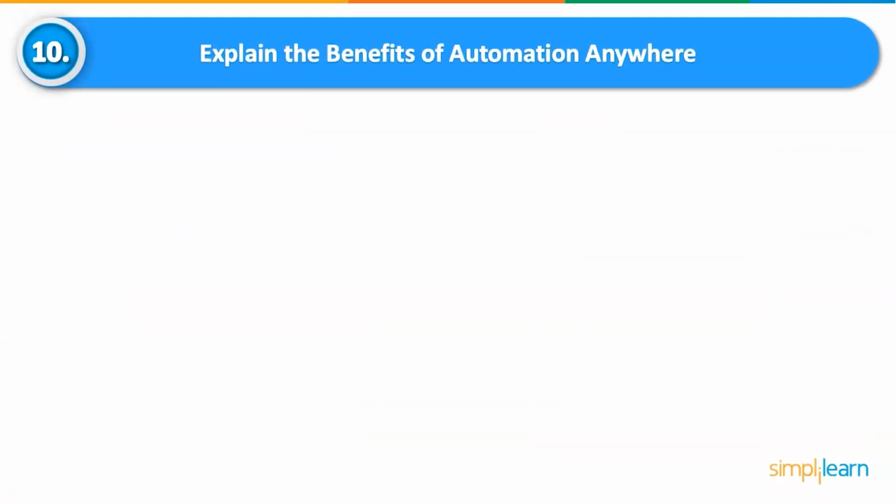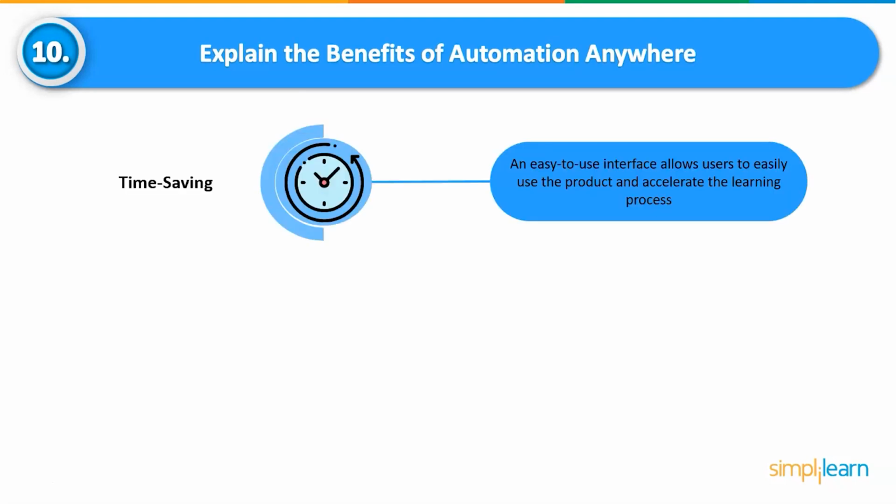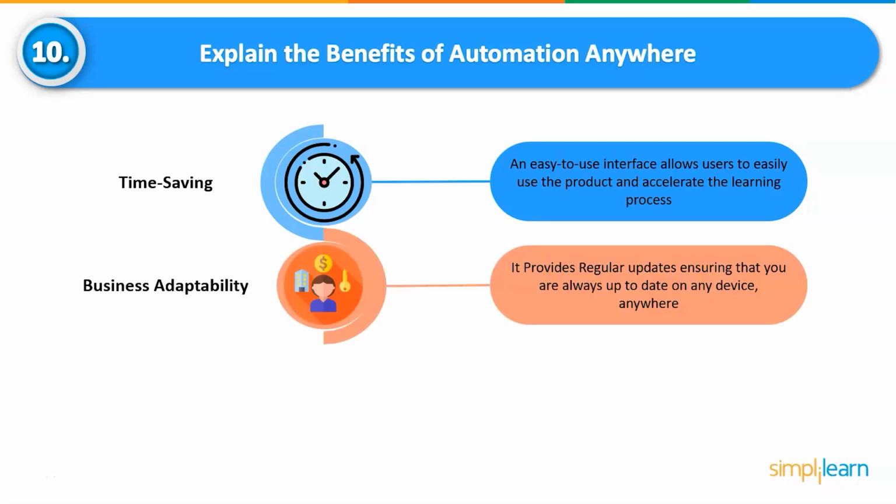Explain the benefits of Automation Anywhere. Time saving: an easy to use interface that allows users of varying skill levels to easily use the product and accelerate the learning process. With instant web-based deployment, you can get started with writing bots right away. Business adaptability: Automation Anywhere provides regular updates, ensuring that you are always up to date on any device anywhere.